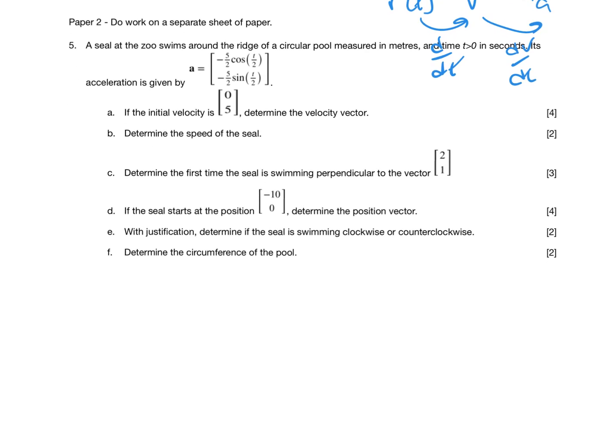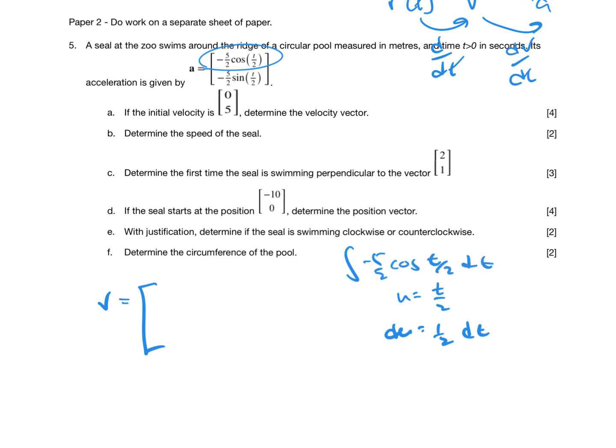So the velocity is the integral of acceleration. If I look at this x value, I'm going to let u be t over 2, so du is 1/2 dt. And recognize that I'm trying to do the integral of negative 5/2 cosine t over 2 dt.